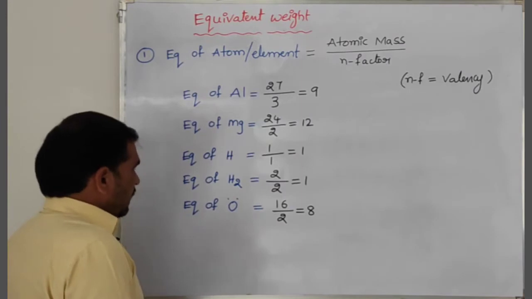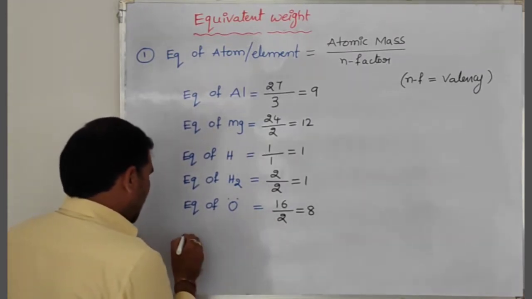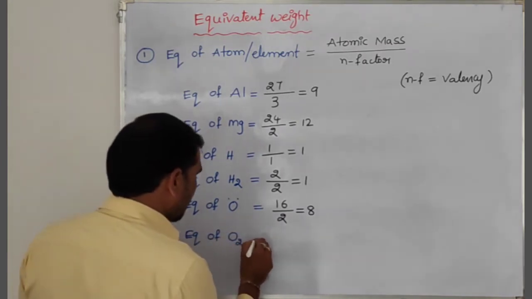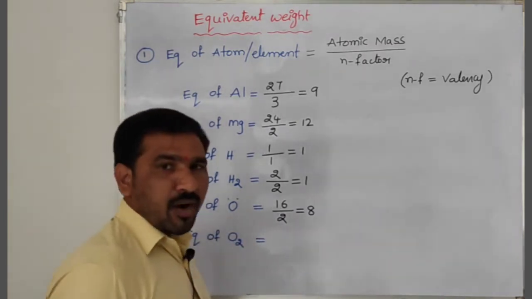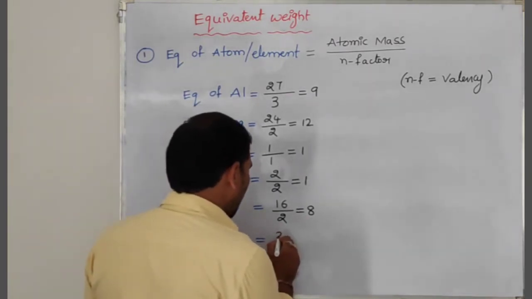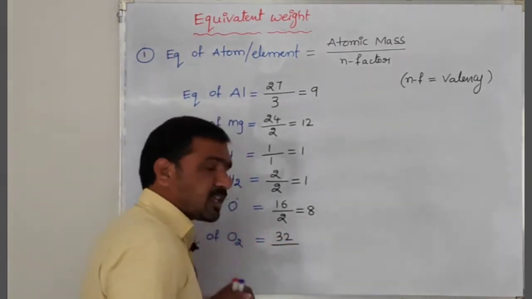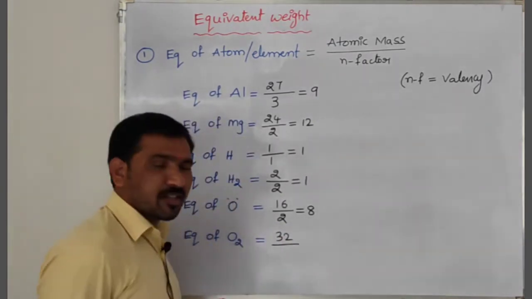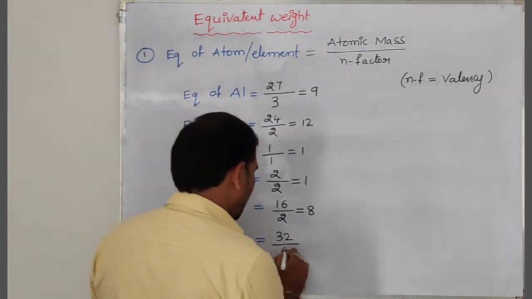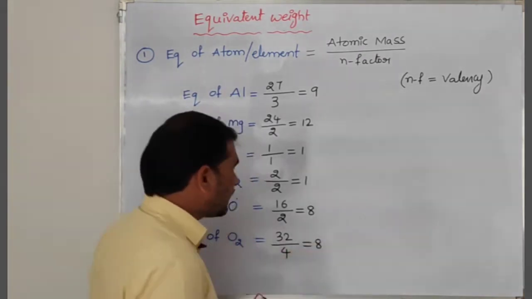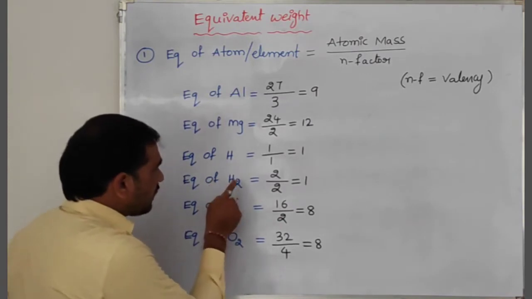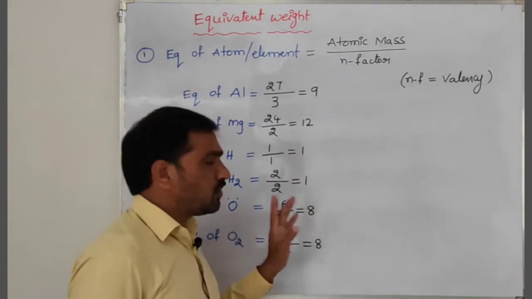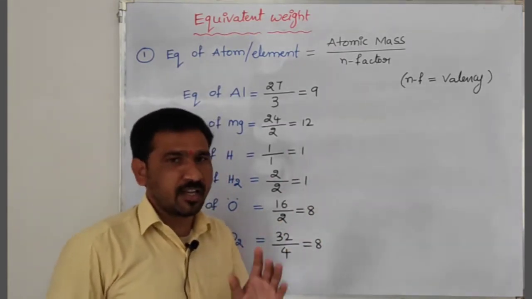Like that, we can also calculate for molecular oxygen. Here equivalent weight of O2, molecular oxygen: the molecular weight of oxygen is 32 grams, divided by each oxygen's n factor. Each oxygen n factor is 2. Here 2 oxygens are there, so n factor will be what? 4. That is equal to 8. As I told, atomic situation or molecular situation, whatever it is, the n factor is identical.